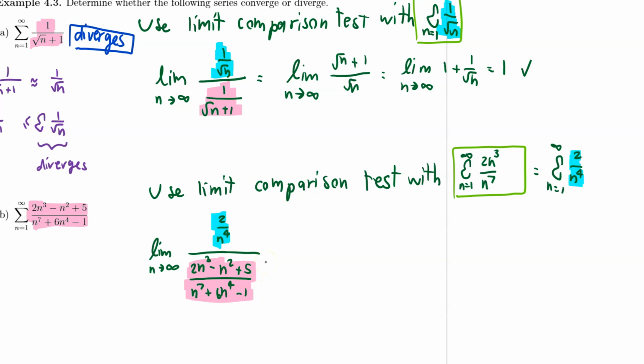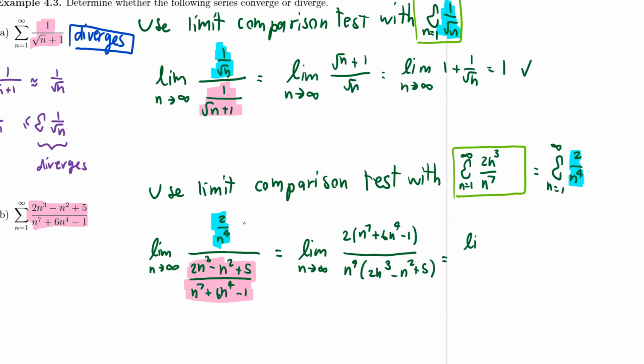So if I were to compute this, this is just the limit when n goes to infinity. I bring the pink term to the numerator, and that gives me a ratio of 2 times n to the 7 plus 6n to the 4th minus 1 over n to the 4th times 2n cubed minus n squared plus 5.